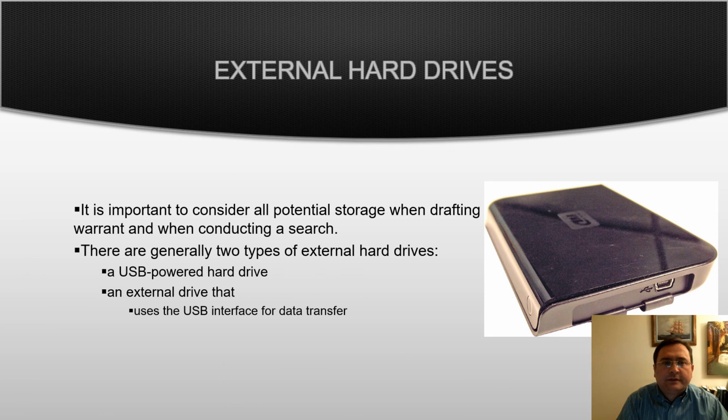It's important to consider all potential storage when drafting a warrant and when conducting a search. There are generally two types of external hard drives: a USB-powered hard drive, and an external drive that uses the USB interface for data transfer but uses an adapter to power the drive.